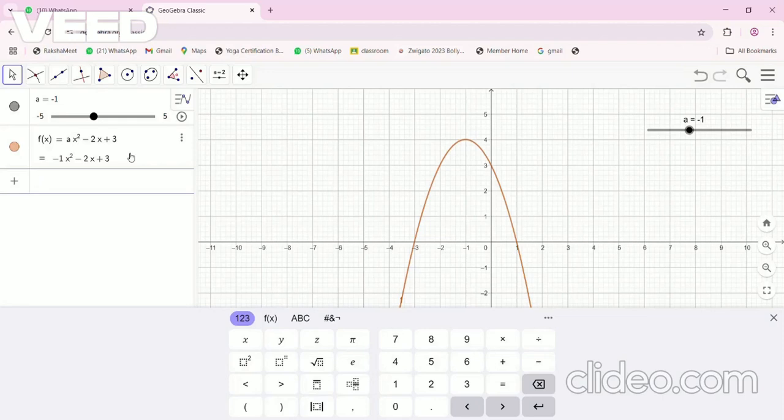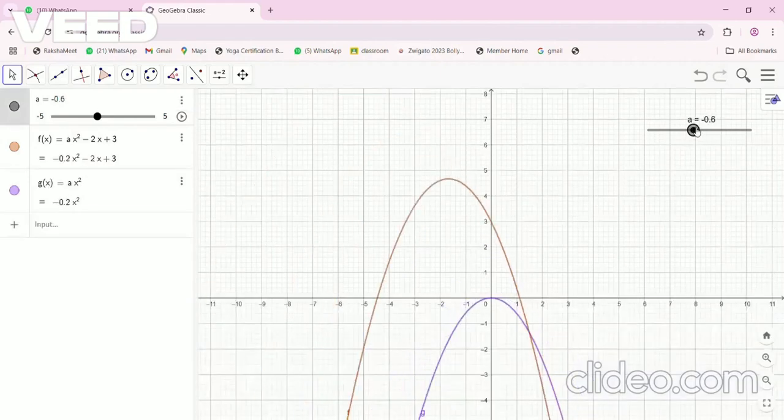Now take one more example. Just I will write ax square. What do you get here? Exactly one point where it cuts the x-axis.